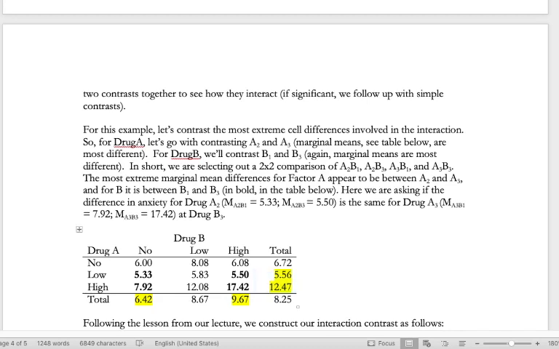So from that, we can say, okay, we're going to compare A2, B1, A3, B1, A2, B3, and A3, B3. So these 4 cells.